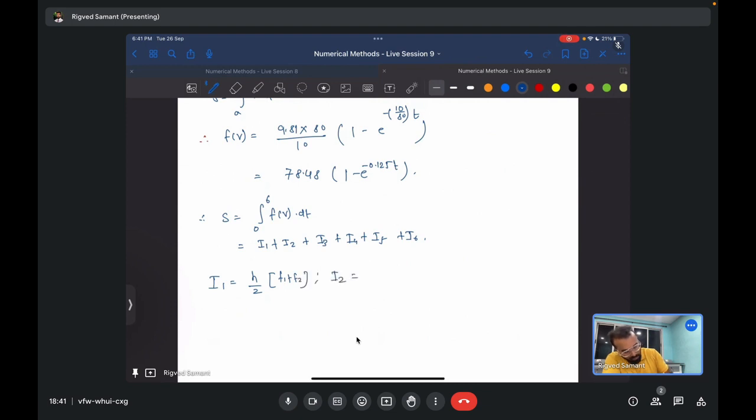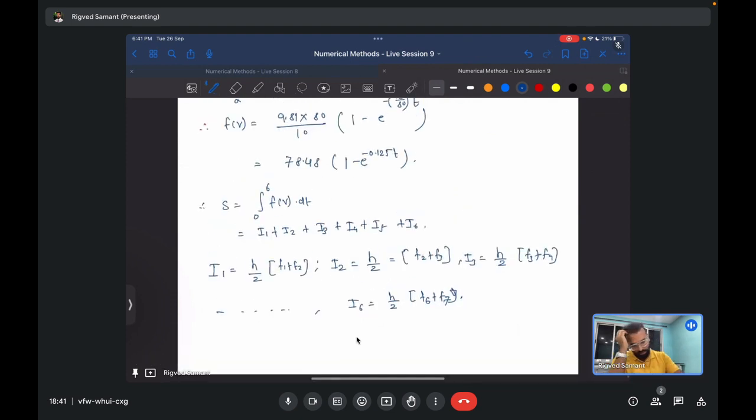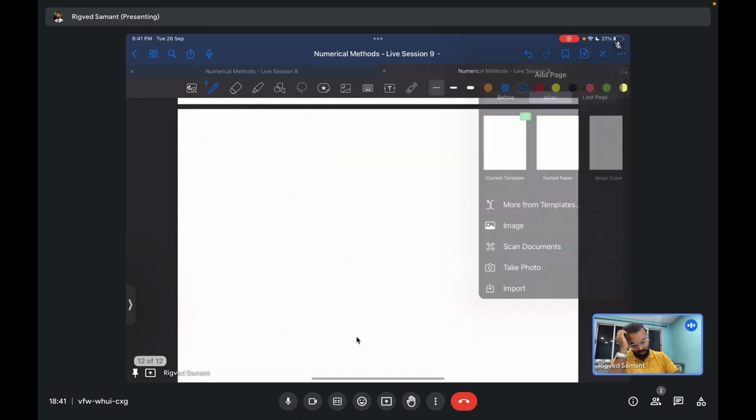I2 would be H by 2, F2 plus F3. I3 would be H by 2, F3 plus F4, and so on till I6 is equal to H by 2, F6 plus F7. So this can also be written in tabular form in a much easier way.